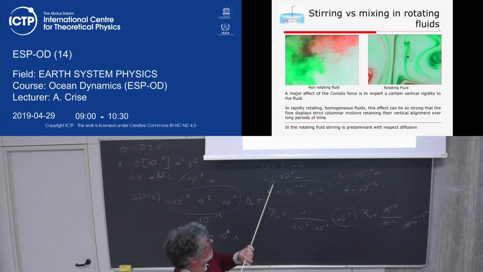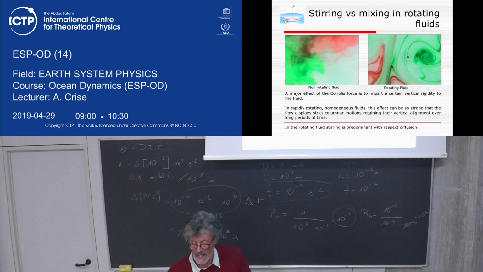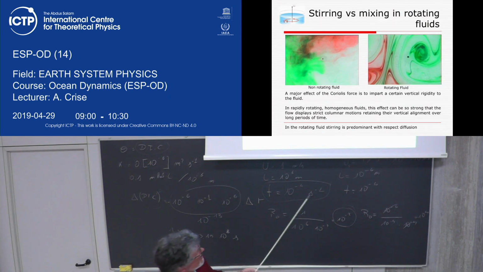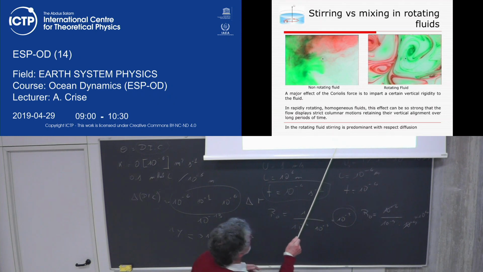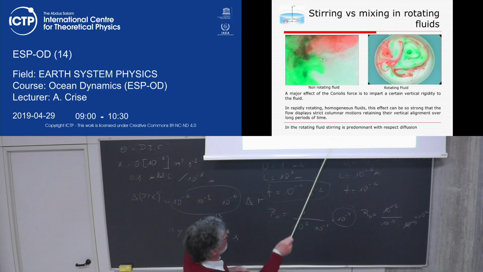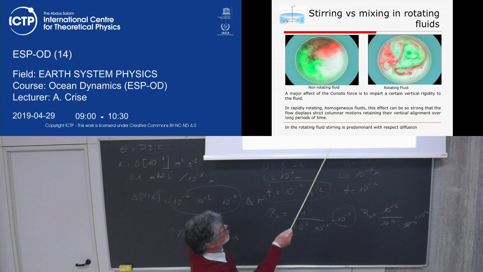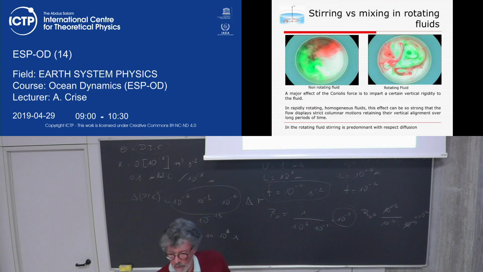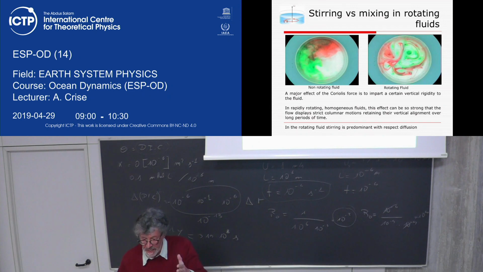So the role of rotation on geophysical fluids, like the ocean, is the fact that you can have very fine striation of a tracer or a dye in the system. This shows that the fluid itself works this way and creates a 2D structure of turbulence.